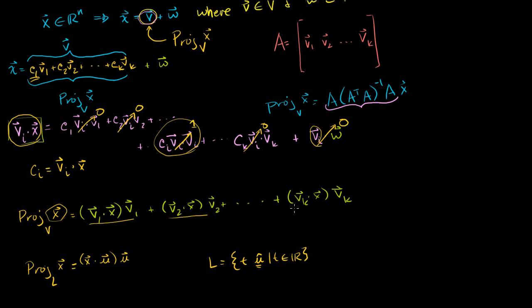That's all it is. But clearly, this is a much simpler way of finding a projection than going through this mess of saying A times the inverse of A transpose A times A transpose. I forgot that A transpose when I wrote it the first time, times x. This is clearly a lot easier. But you might say, okay, this is easier, but you told me that a projection is a linear transformation, so I want to figure out the matrix here.